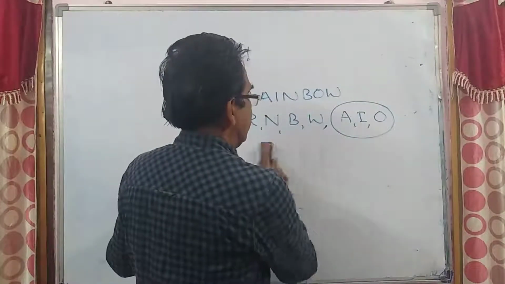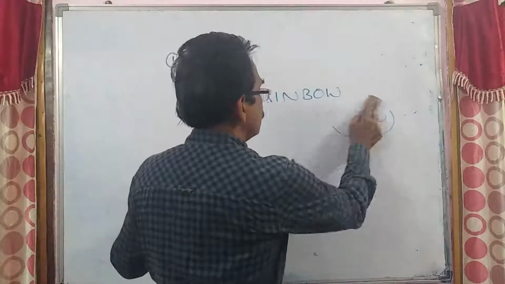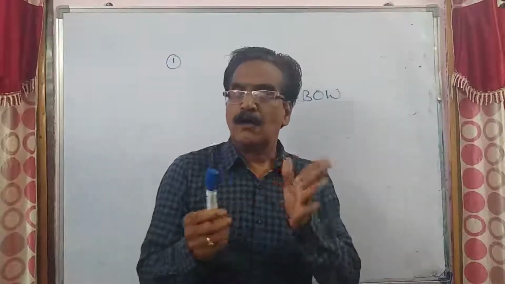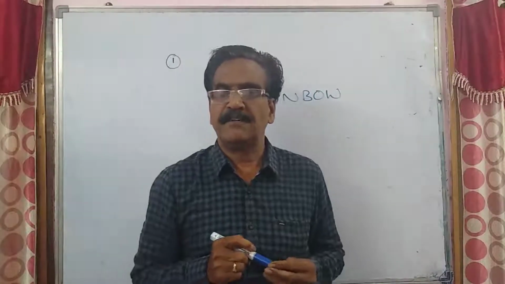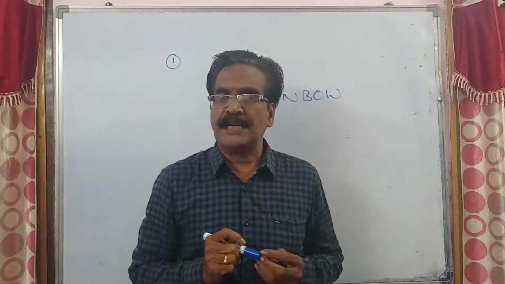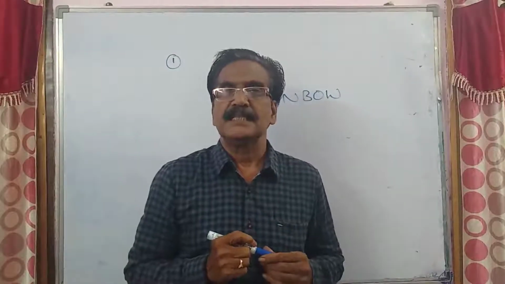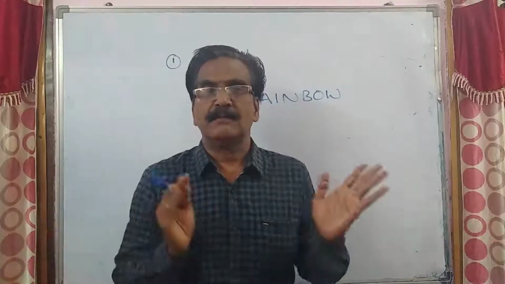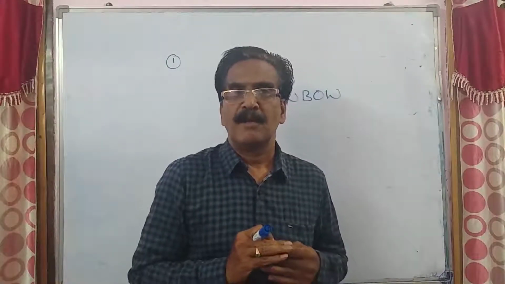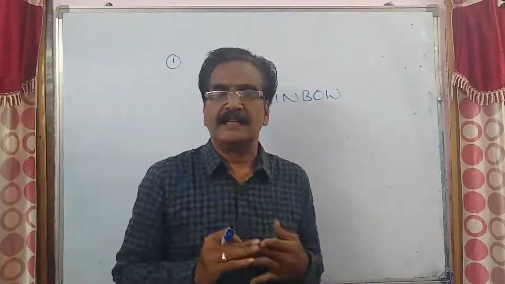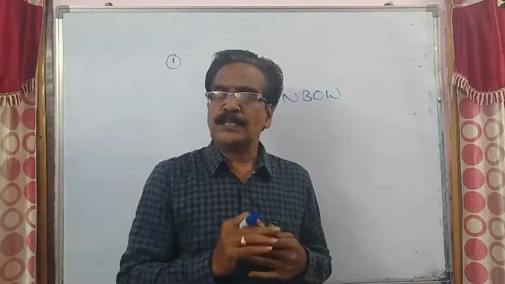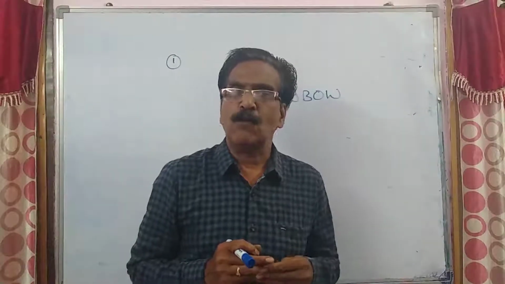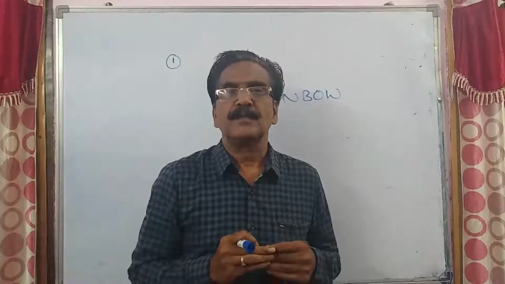So let us see the next problem. In how many ways can the letters of the word rainbow be rearranged such that vowels never come together? See, the total permutations which we have just now is 5040.